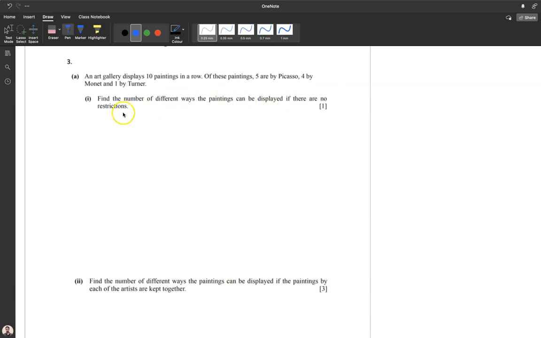This is quite easy. 10 paintings, no restriction, you need to arrange them, 10 factorial. We haven't been using factorial before, but when there are no restrictions and there's order involved, you can just do 10 factorial, especially if you're using all of it.